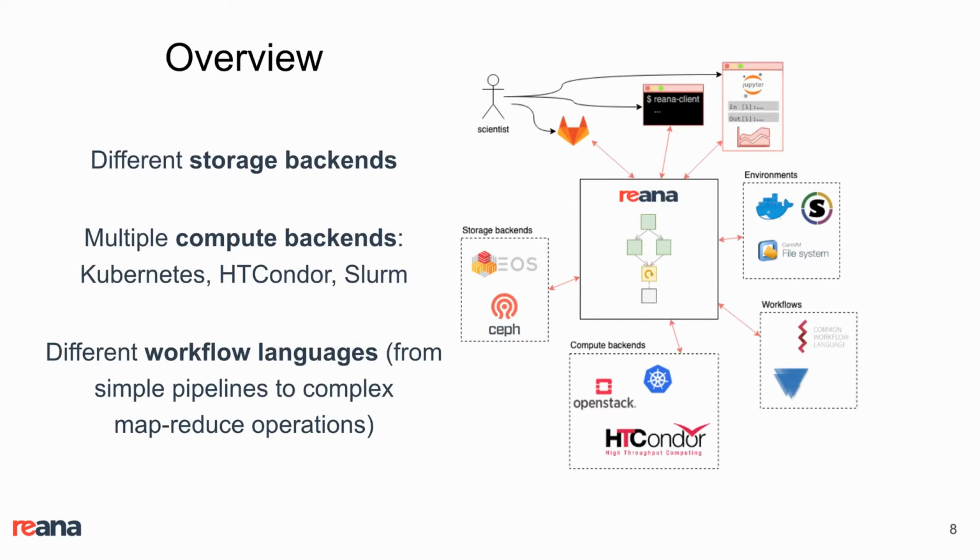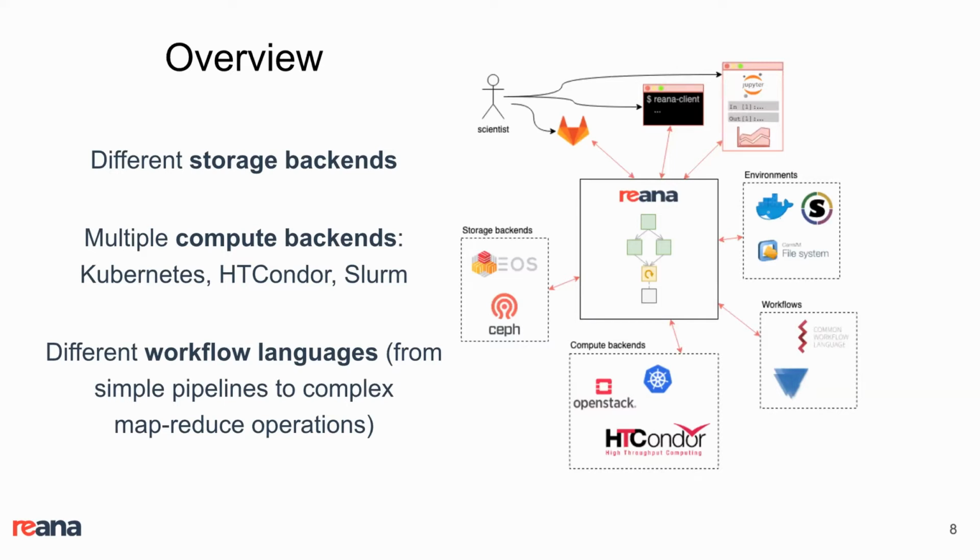We have different compute backends, not always because one is faster than another, but also because this provides a very easy way, as we will see later, to prove that some scientific output can be produced in different compute environments, not only on Condor, but also on Kubernetes, and we have the same output. And this makes the analysis not only reproducible, but also more robust.